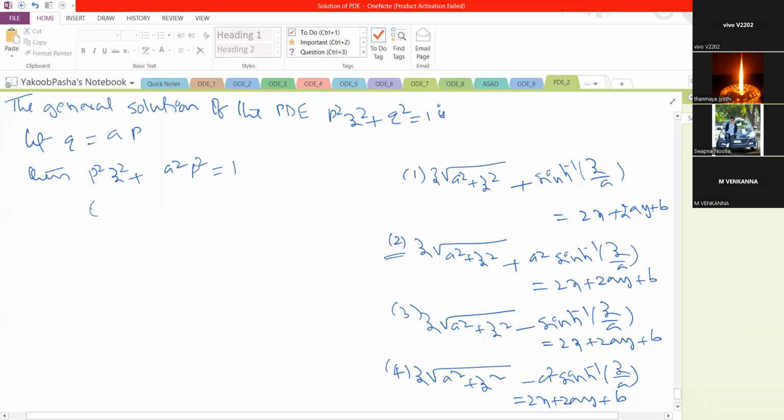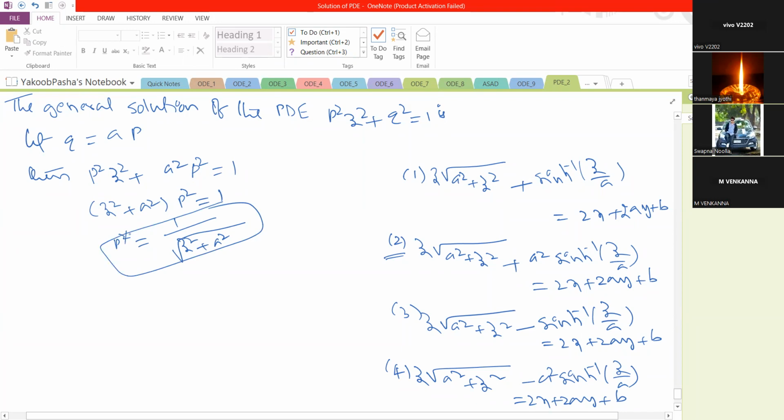So here z square plus a square into p square equal to 1. So p square is equal to 1 by z square plus a square, that is p is equal to 1 by under root of this.